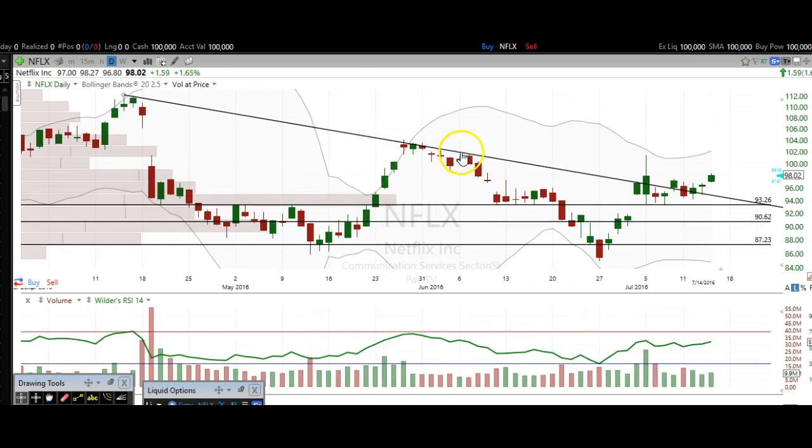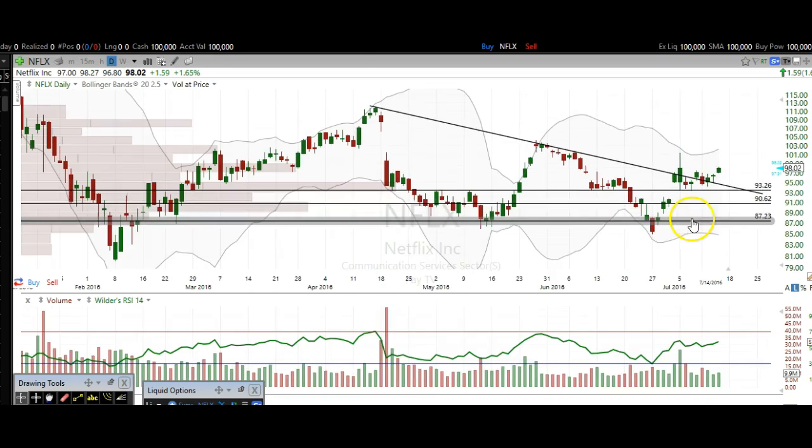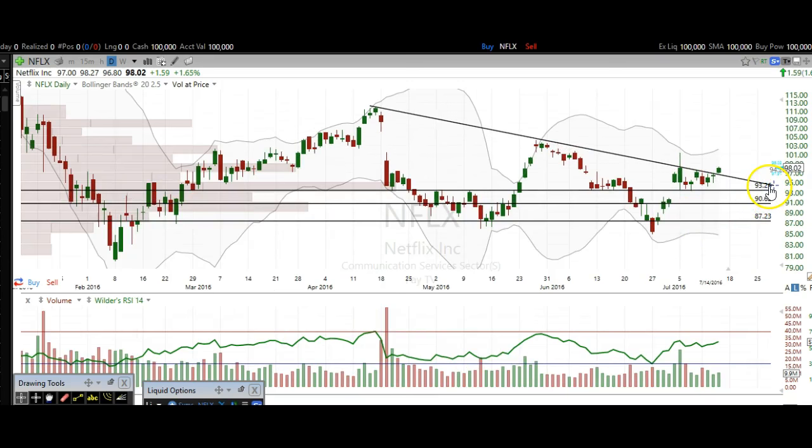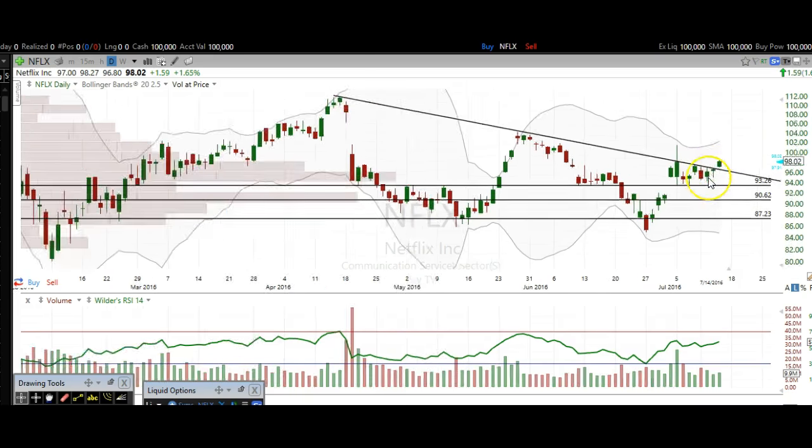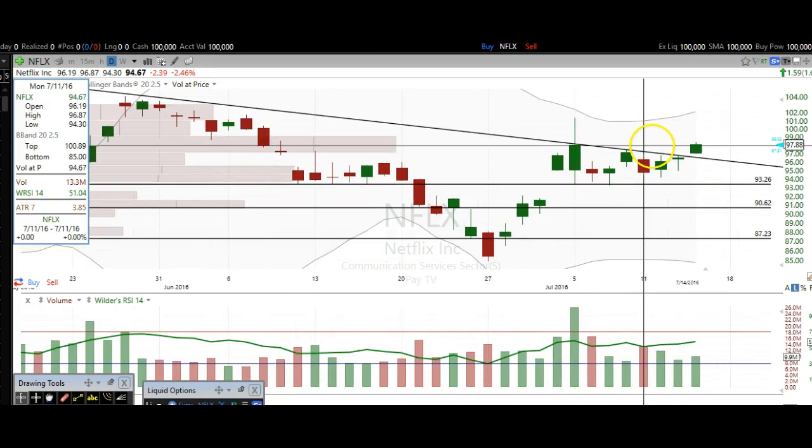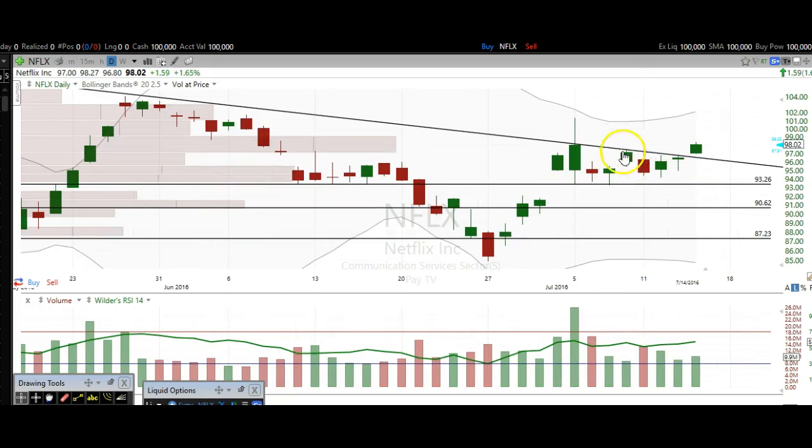So I'm sure there's people out there that had that downtrend line right there, and we would have had breakouts over there, and then it would have traded back under there. But as you can see, drawing it the way that I had it, today is really the only day that we've had that broke over that downtrend line. Not only that, but we're right here at this resistance right there.